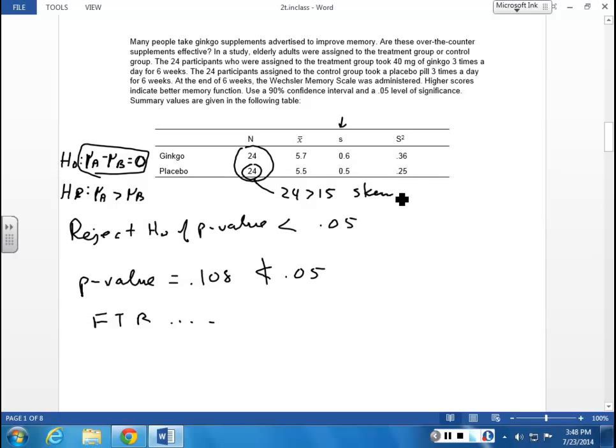Skew is okay. However, 24 is not less than 40, so outliers are not okay, or that is to say they would invalidate this process.